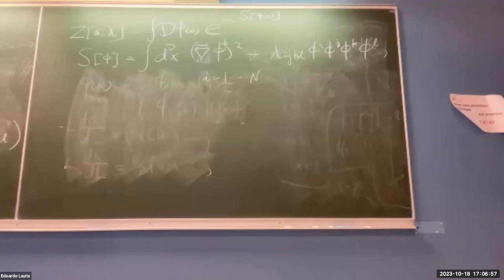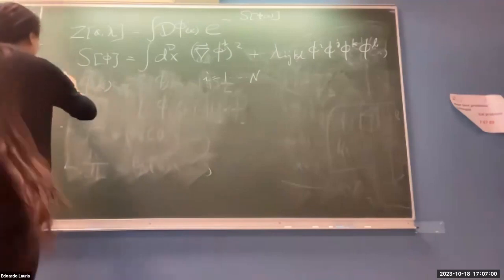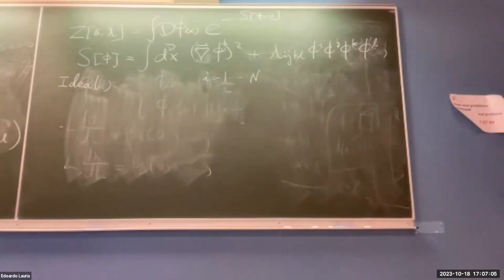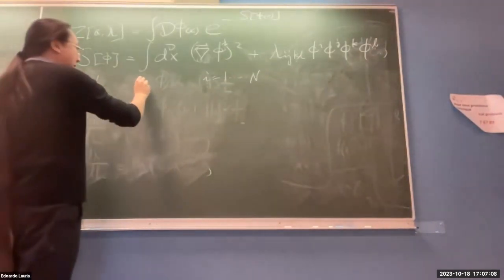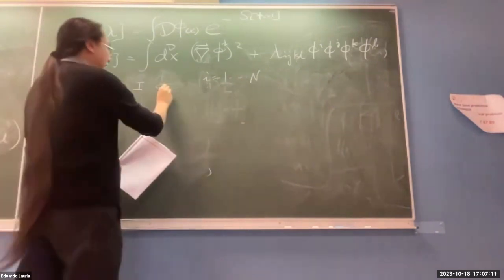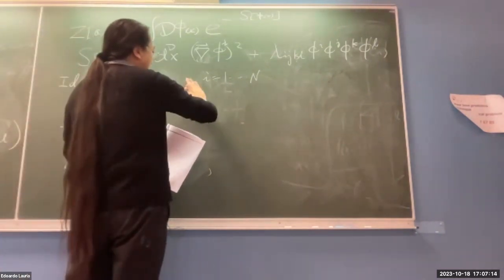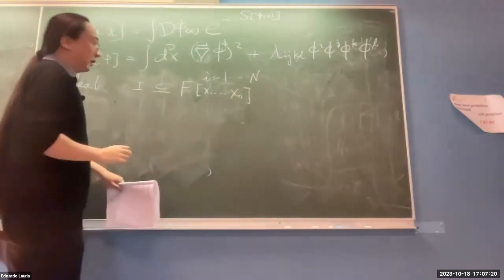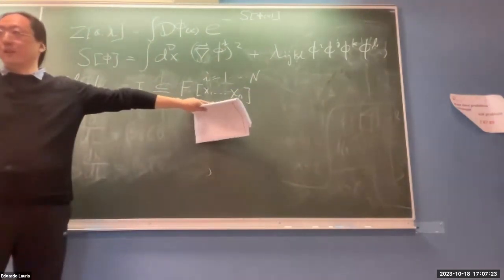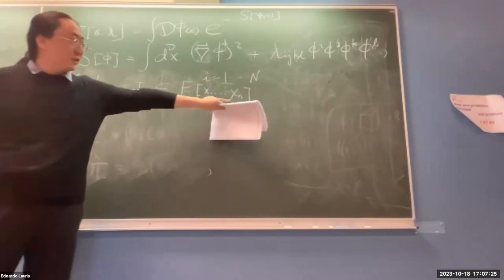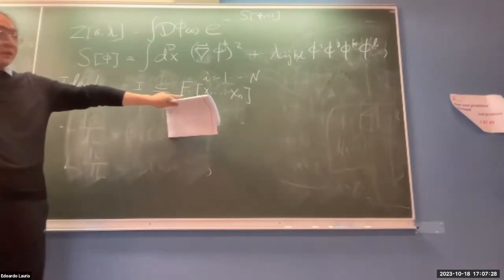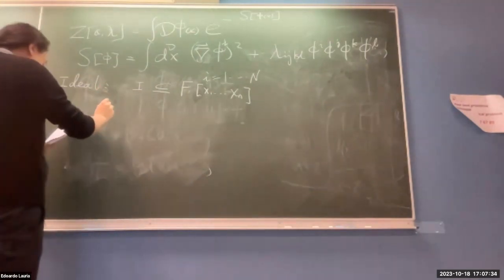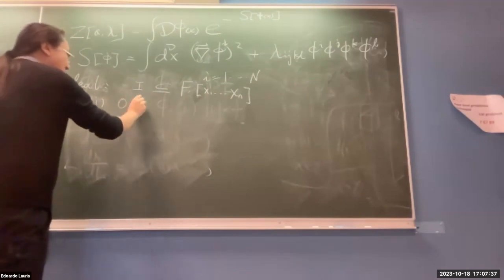So let me say a little bit in words about what the Gröbner basis is. There's this concept called ideals. So what is an ideal? It's a subset, let's call it I, that belongs to F[x1, ..., xn], which denotes all the polynomials in these n variables, with the coefficients being within some field F. The ideals are defined in this way: the first condition is that 0 belongs to the ideal.